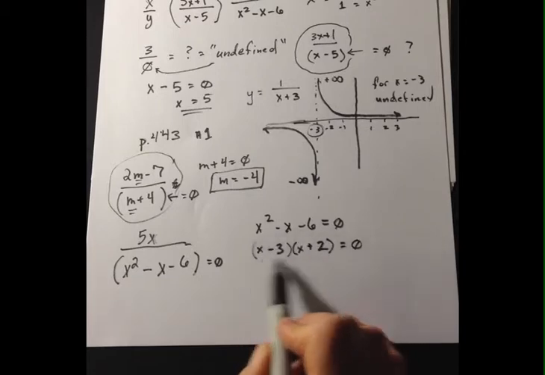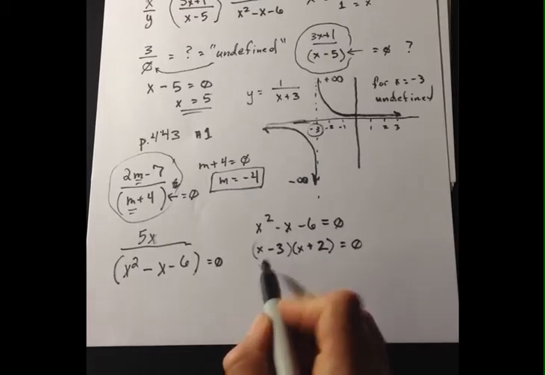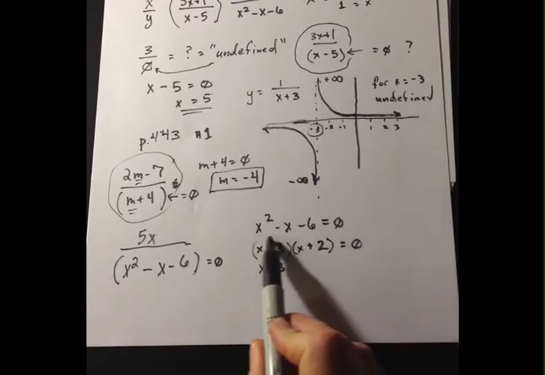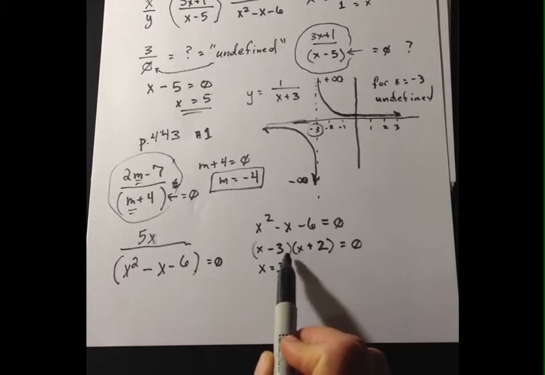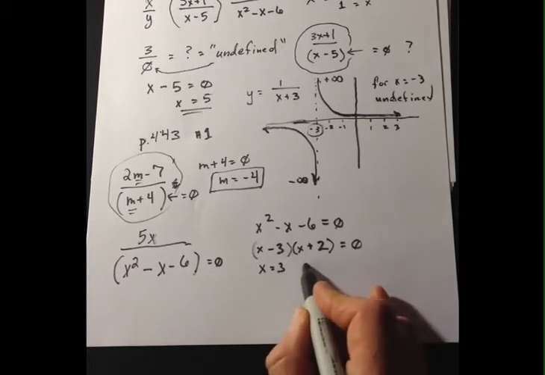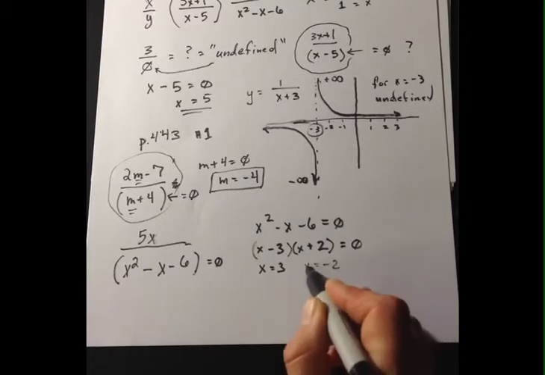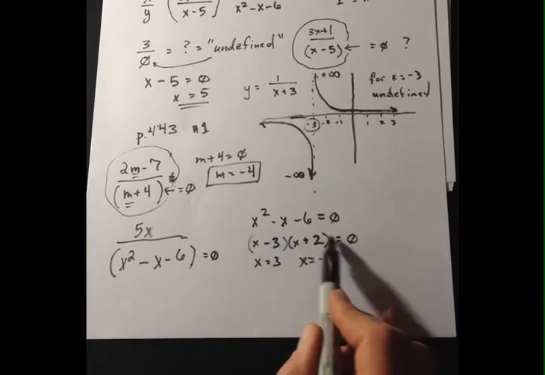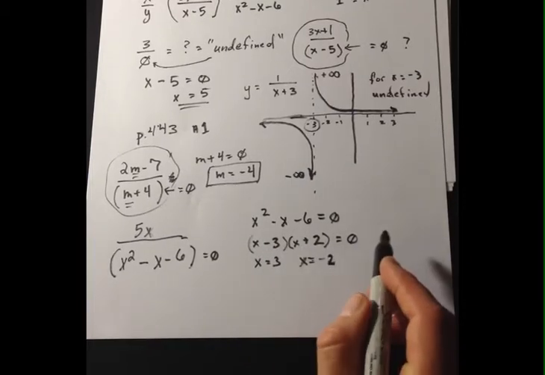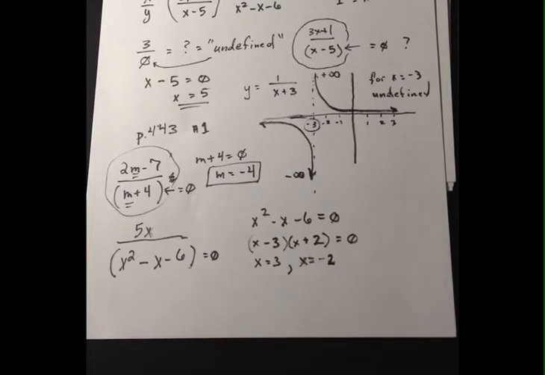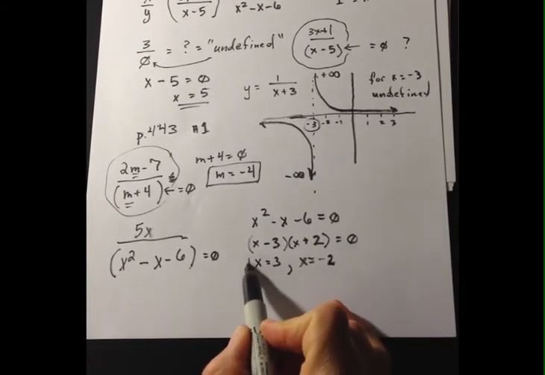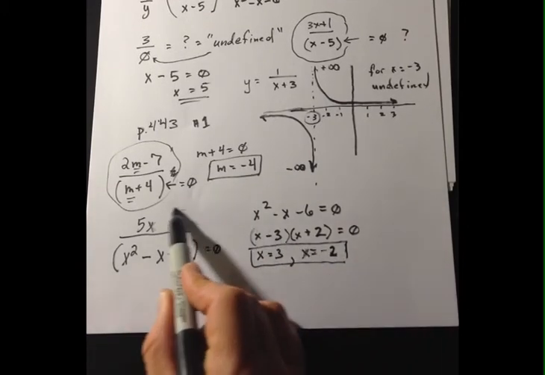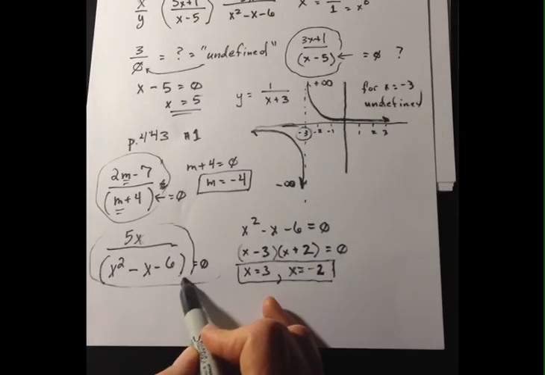X can either equal 3, which would make one binomial equal to 0, or x can equal -2, which would make the other binomial equal to 0, and then the whole product is equal to 0. So in this case, there are two possible answers, x equals 3 and x equals -2, that will cause this rational expression to be undefined.